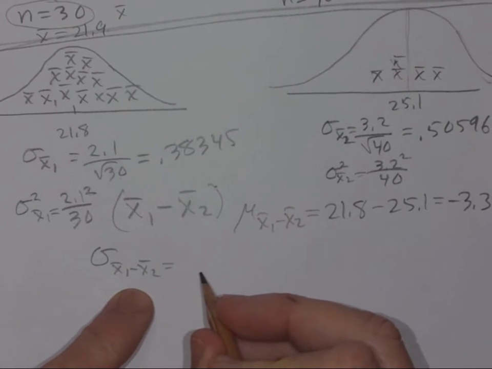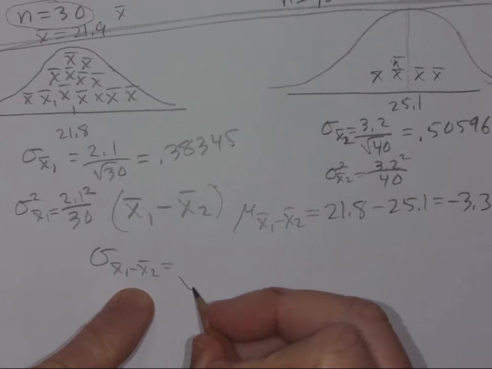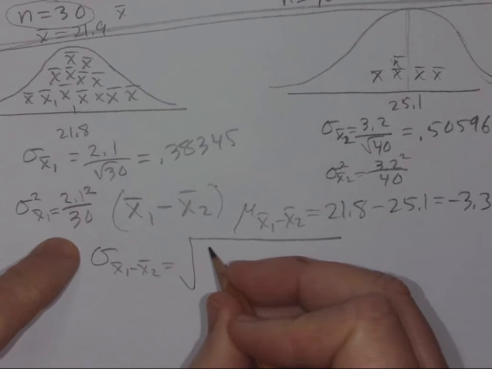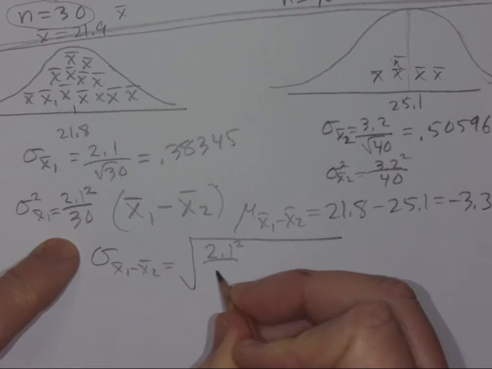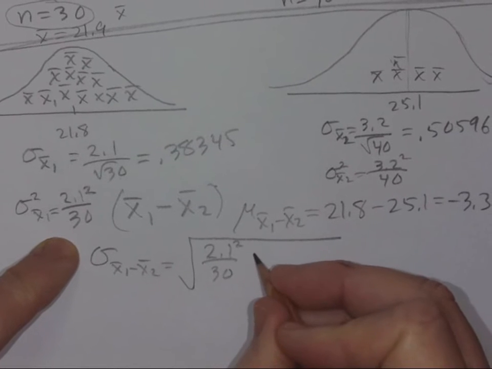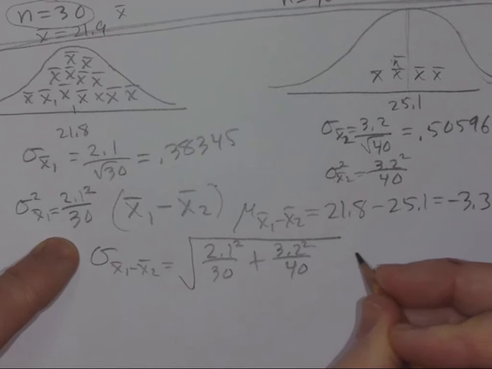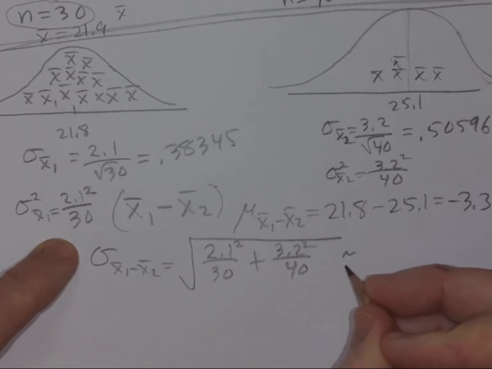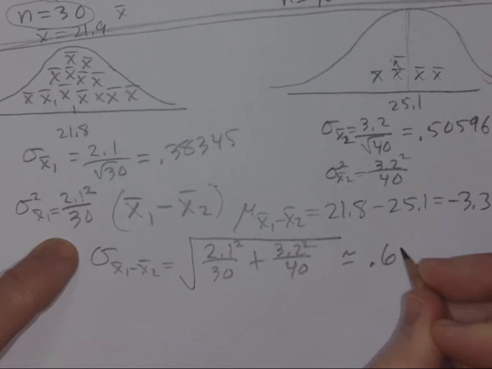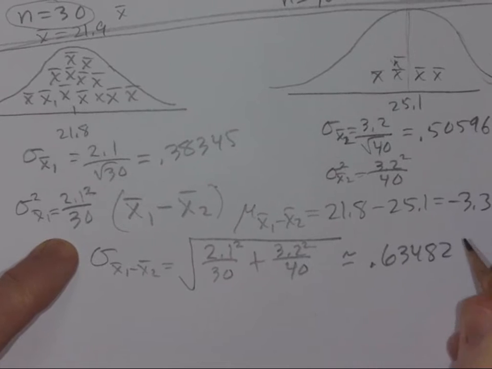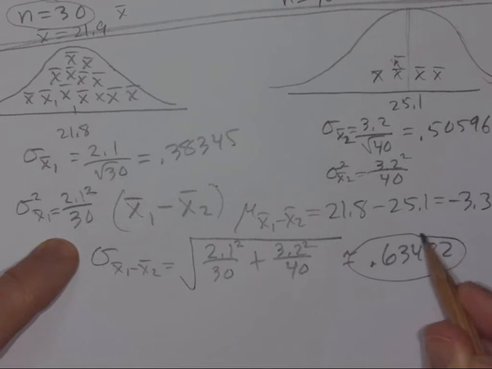And so the standard deviation would be the square root of this variance, 2.1 squared over 30, plus 3.2 squared over 40, and that, in fact, is equal to approximately 0.63482. And so there is our standard deviation.